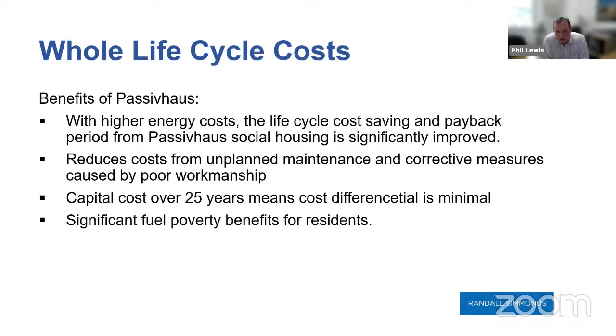Replacing a window under building regs and under Passive House is not going to be greatly different in your life cycle calculation, but your energy costs are, and I think the slides earlier have shown that it makes a huge difference by reducing your energy costs.